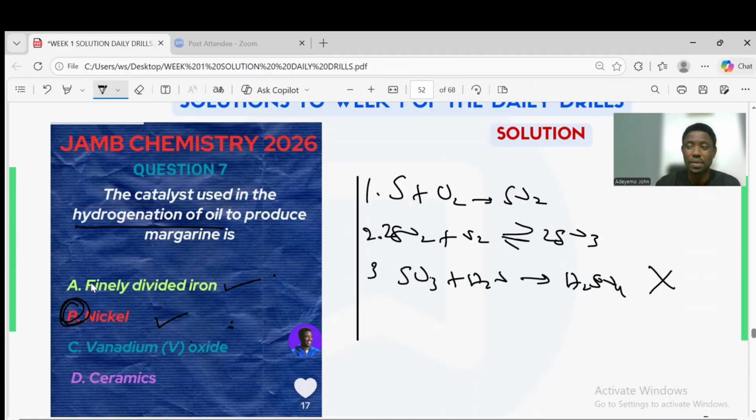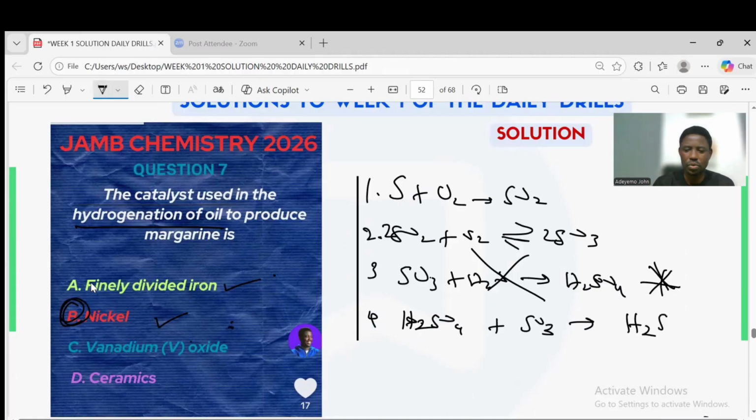But this route is very dangerous, very dangerous. We don't use it because it's highly exothermic, meaning that the heat produced is enough to boil water into vapor immediately, and all the acid vapor will be in the factory. So what we do is we add that SO3 to already prepared H2SO4. So it now forms a very thick liquid H2S2O7 called oleum.